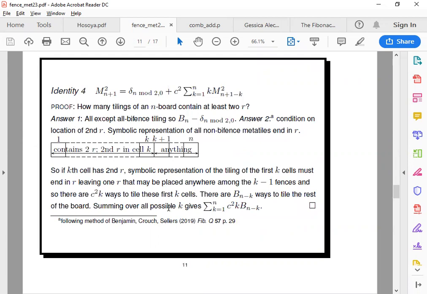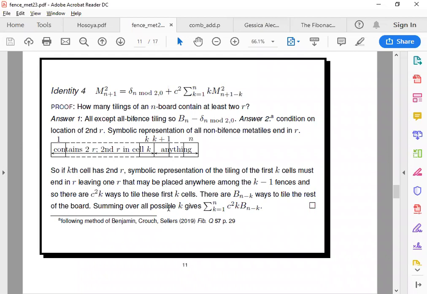So if the k-th cell has a second R, this is our k cell here, the symbolic representation of the tiling of the first k cells will have its R here and will end in R, and then we've got k minus 1 Fs plus 1 R that can be placed anywhere along here. The symbolic representation can have any order we like.